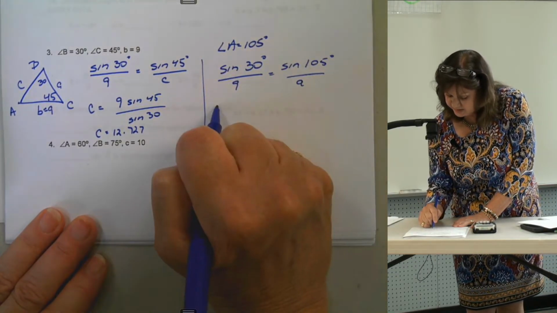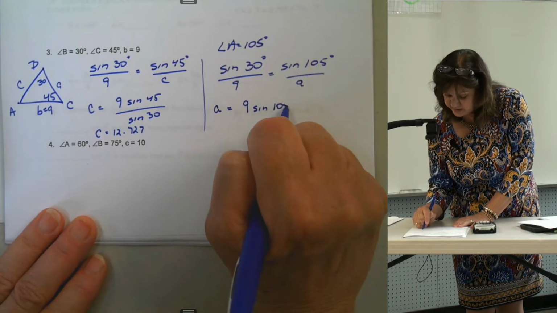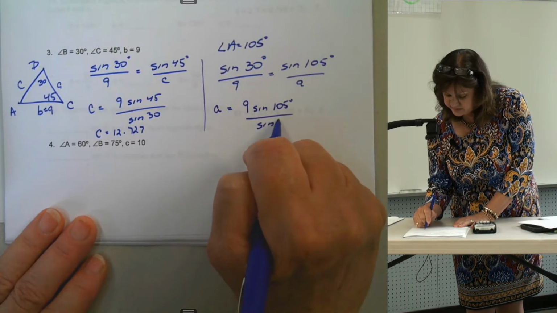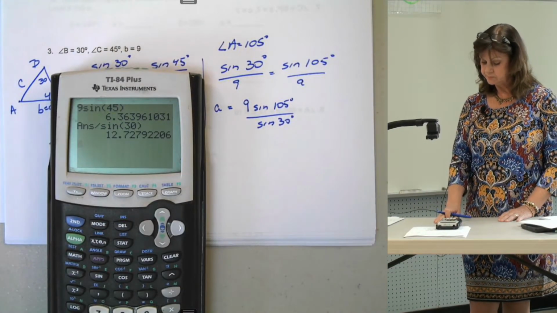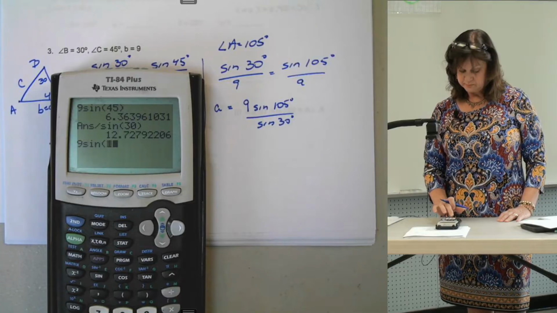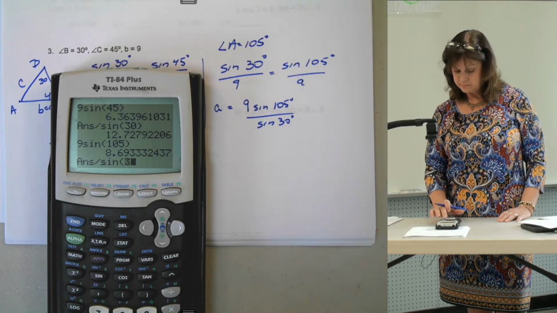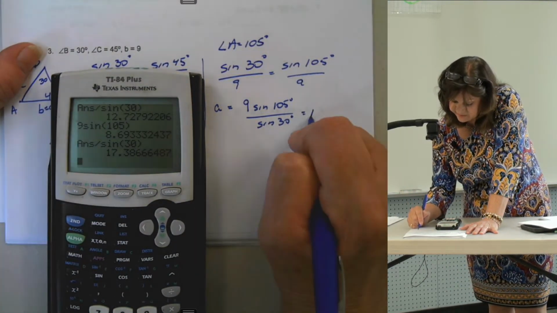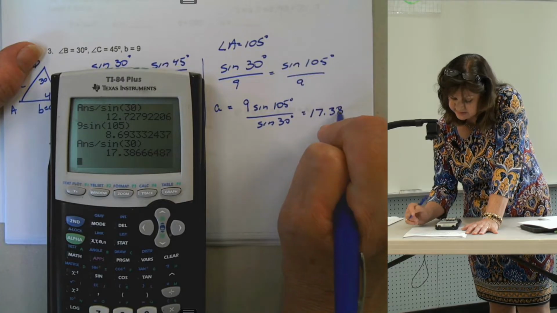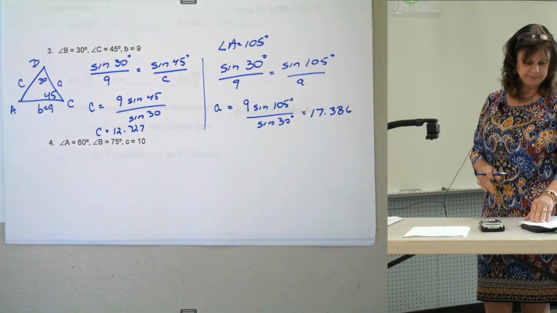Okay, so length A is 9 sine 105 divided by sine 30. And we have a length of 17.386. Again, that makes sense. We're good to go.